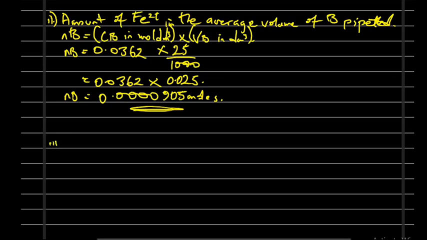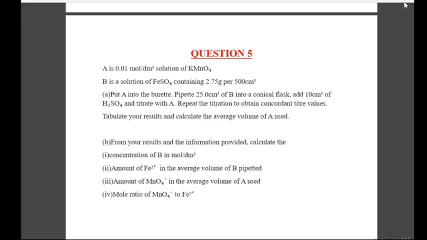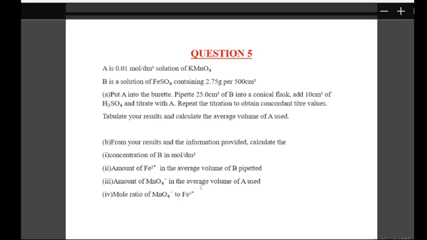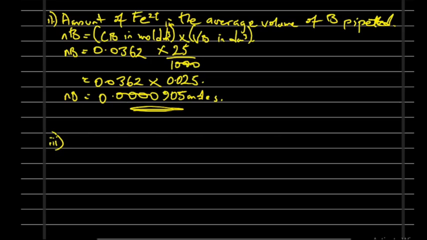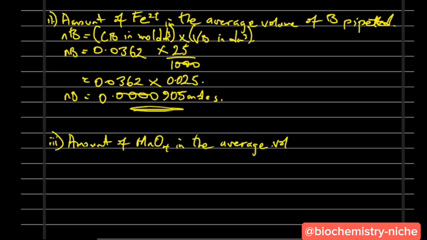And then question 3 is asking us for the amount of permanganate in the average volume of acid used, the average titre value of A. So we are using a similar formula.